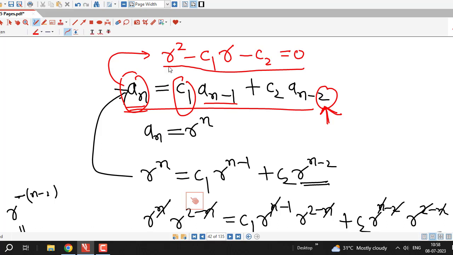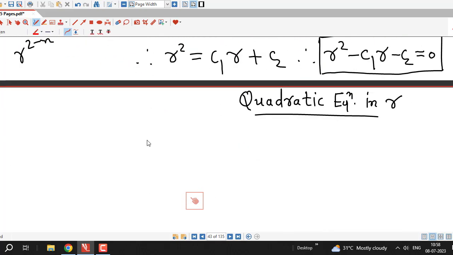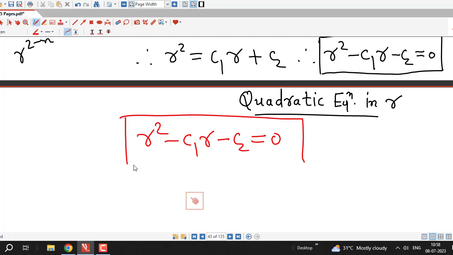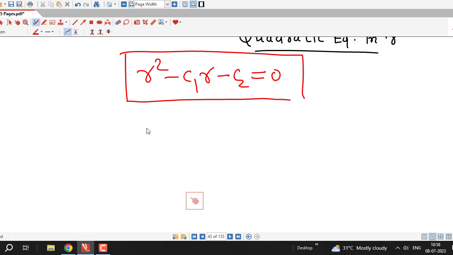And if you are not comfortable doing it directly, you can substitute an equal to r raised to n and then divide by the lowest degree term, and you will obtain your characteristic equation. Now if I have the quadratic equation r squared minus c1 into r minus c2 equal to 0, then the roots of this characteristic equation are called characteristic roots, and we will have two values of r which are roots of this equation.